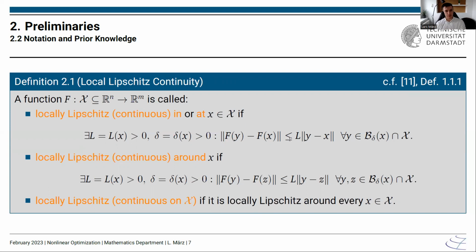In contrast to that, local Lipschitz continuity around a point x is a generalization of this, meaning that you don't need the point x itself, but may replace it with another point in this neighborhood. So it is in fact a more powerful notion of local Lipschitz continuity compared to the first one. Now, if the function is Lipschitz continuous around every point in the domain X, then we call the function itself locally Lipschitz continuous.